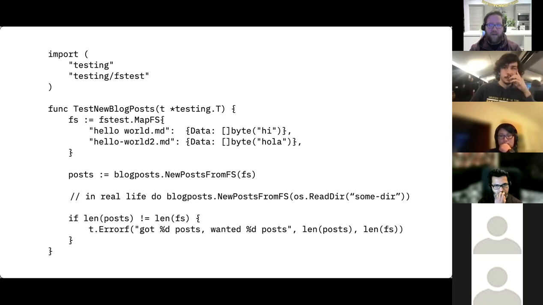So this makes testing code that works with reading files so much simpler. And then for the real code, I just plug in a real implementation. In this case, I'm plugging in os.DirFS. So this shows how this simple design decision of accepting this FS interface makes testing our code around reading files far more pleasant.